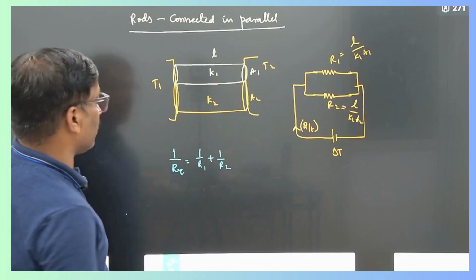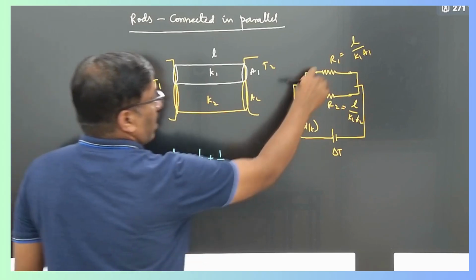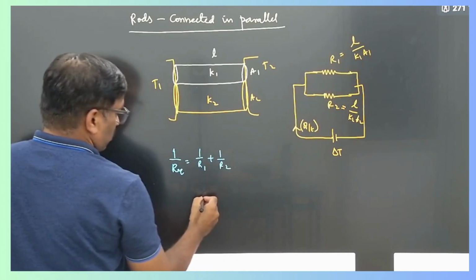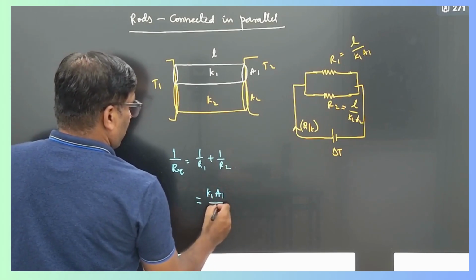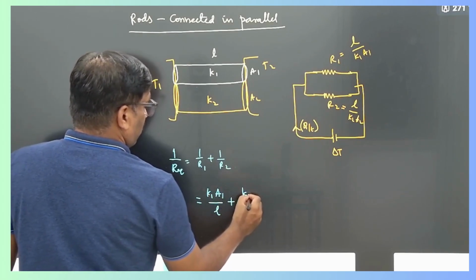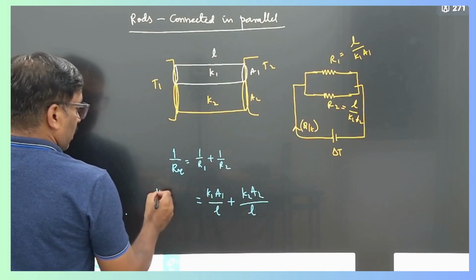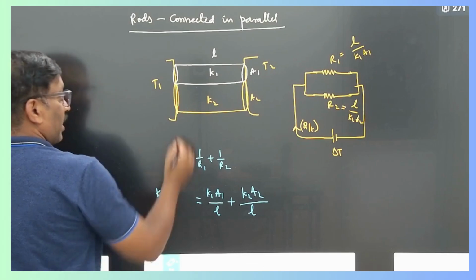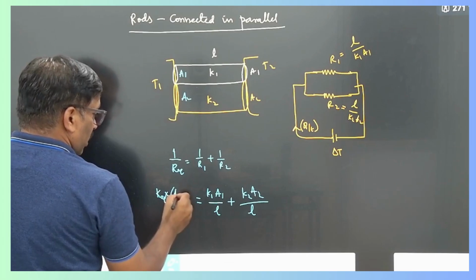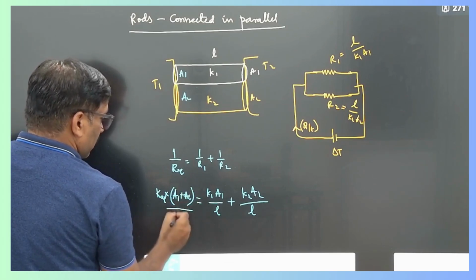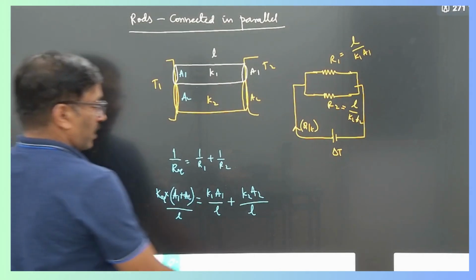So 1 by R1 means K1 A1 by L plus K2 A2 by L. Here you can write K equivalent into the area, A1 plus A2, but the lengths are the same. Length is common, so we can cancel it.